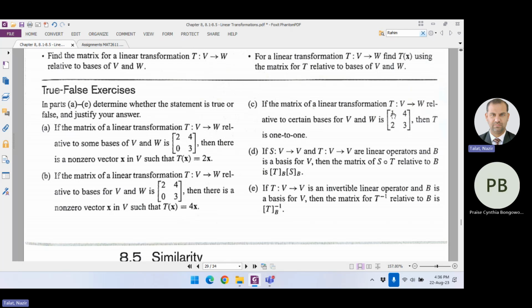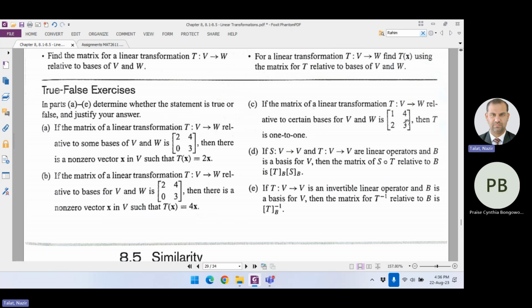The determinant is 1 multiplied by 3 minus 4 multiplied by 2, which is 8, so 3 minus 8, which is minus 5, which is non-zero.